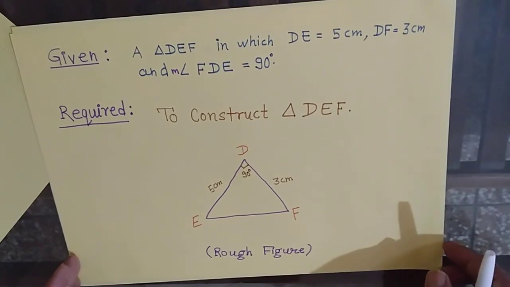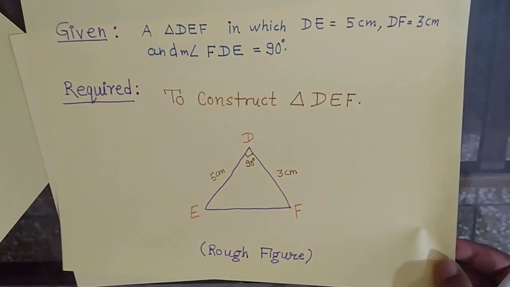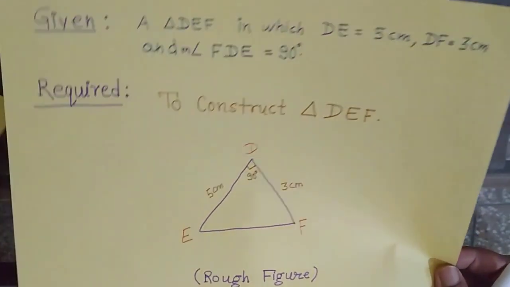Now we draw the actual construction by seeing the rough figure. First of all, draw DE equal to 5 cm.